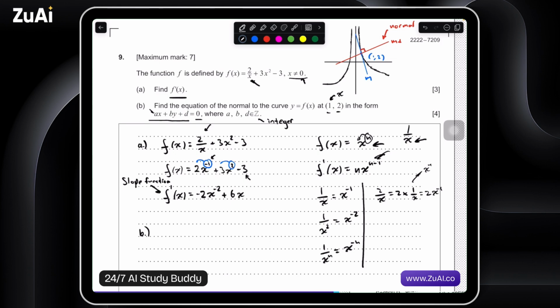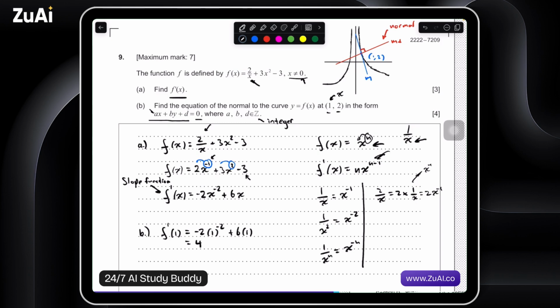So let's go ahead and do that. So f prime of 1 equals negative 2, and let's input this value, and then we should be able to find the slope at that given point. So I'm just going to work this out on my calculator that I have beside me, and it's going to be negative 2 plus 6, of course, which is just going to be 4.